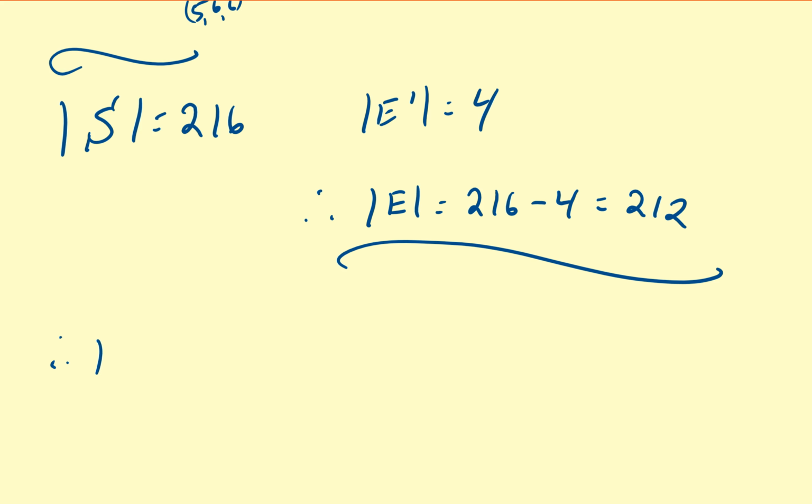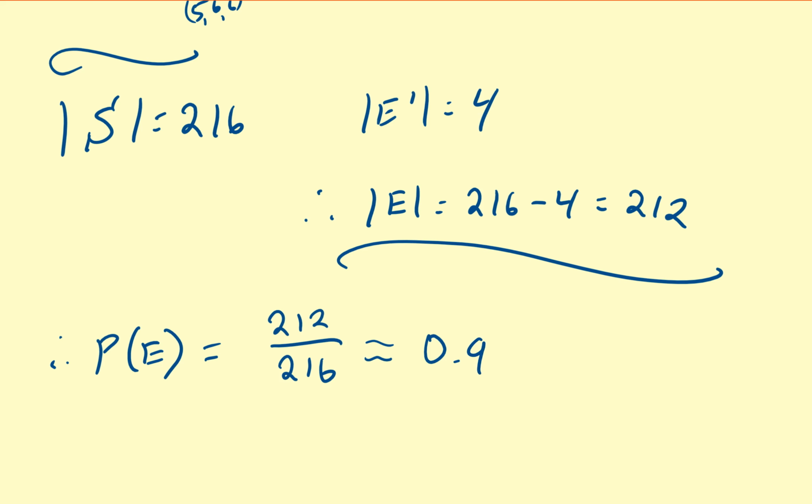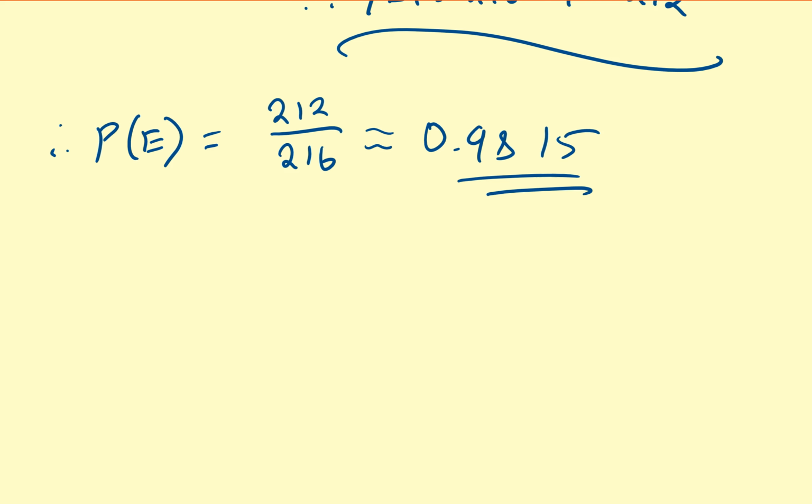So the probability of our event, that is rolling a sum less than 17, is going to be equal to 212 divided by 216, which is approximately equal to 0.9815. So about 98.15% of the time, you're going to have this scenario happen.